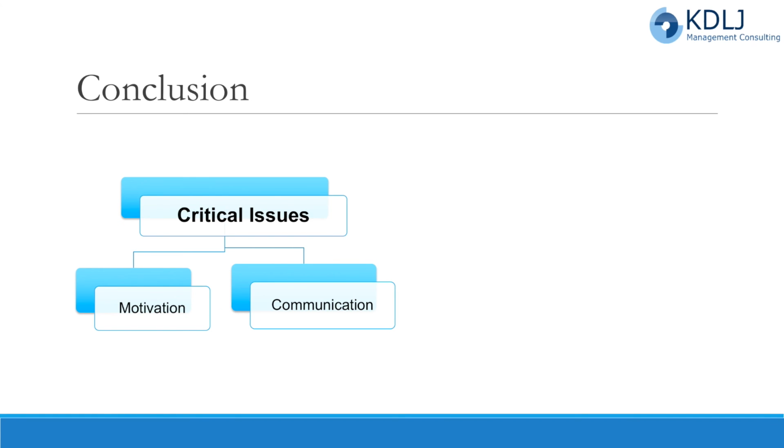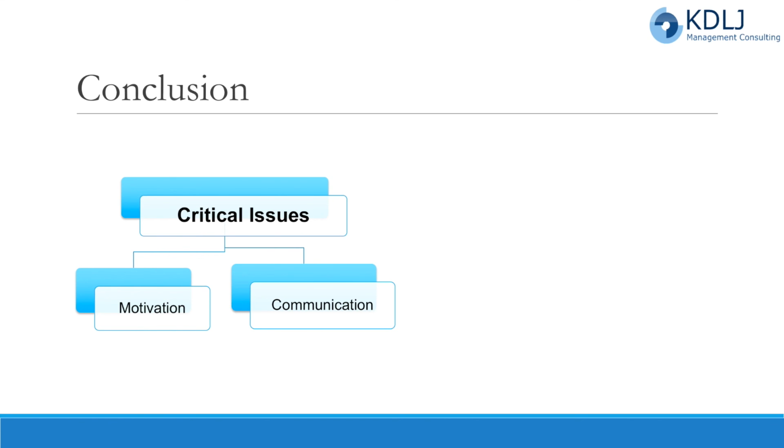In conclusion, we have identified 2 critical issues, motivation and communication, that have caused the downfall in Hasbro Interactive. Top management's poor strategy plan and decision making, differing leaders' personality, and employees' over-dependency on extrinsic rewards have led to low levels of motivation among the employees.